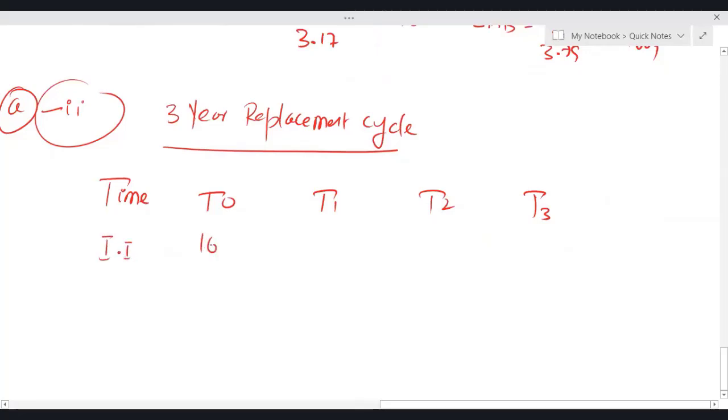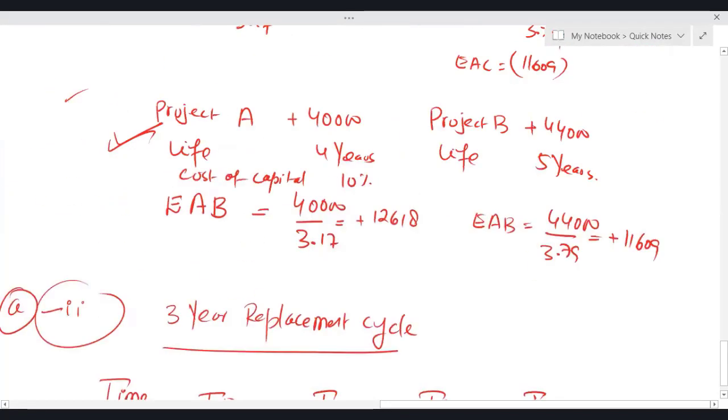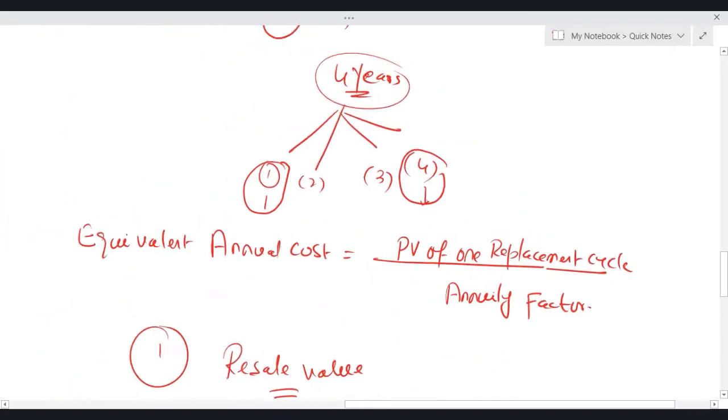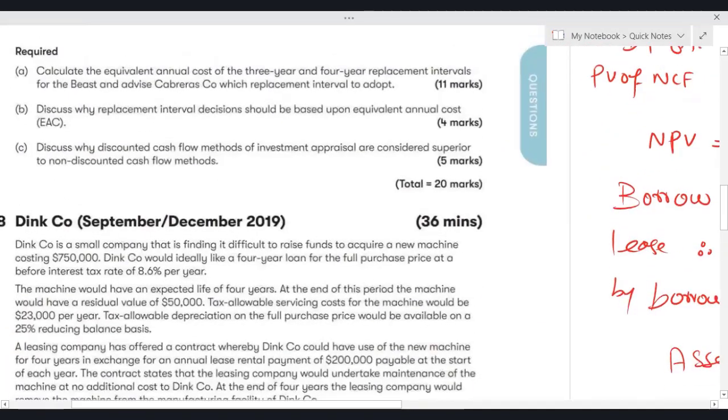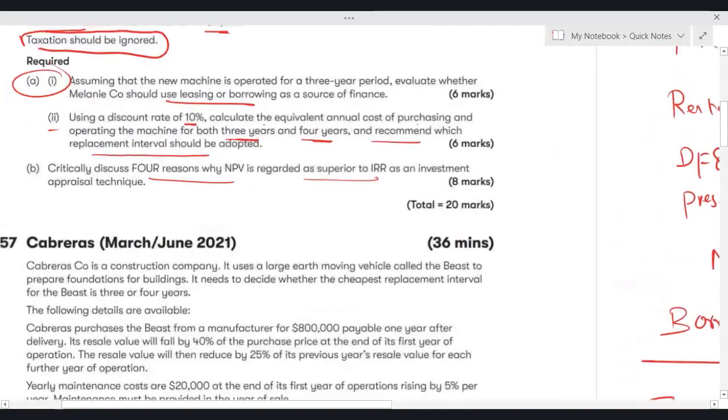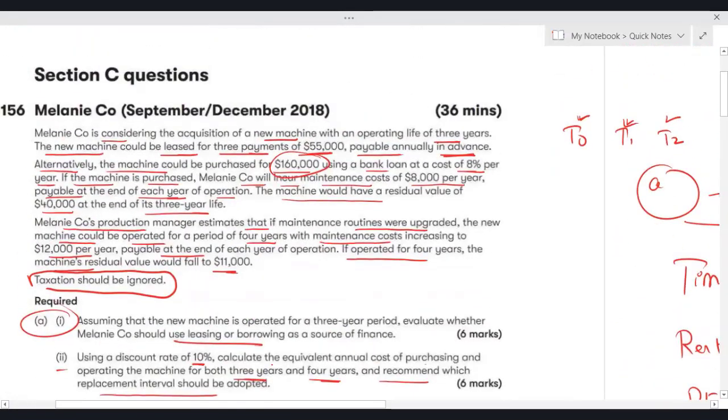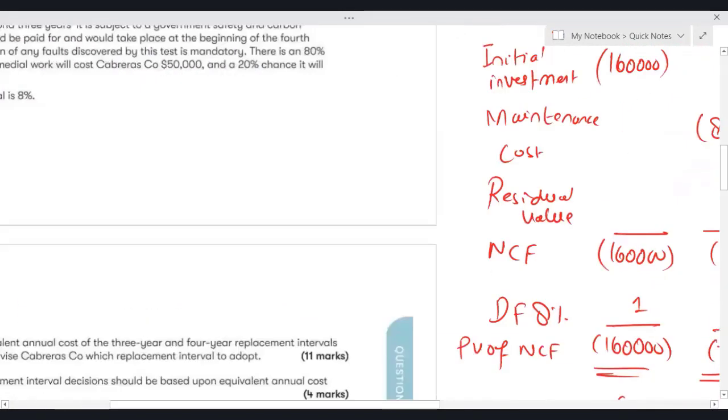You have to write the complete initial investment, 160.